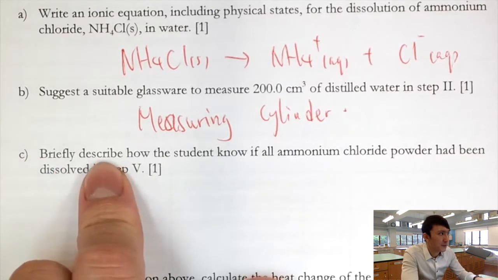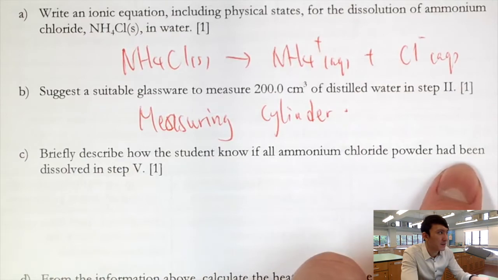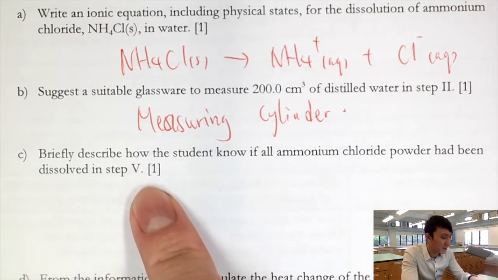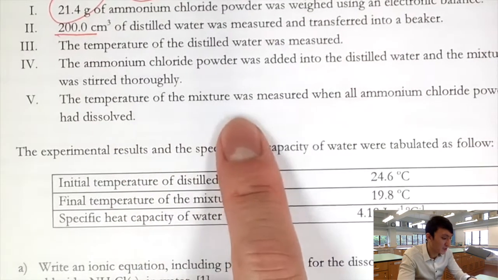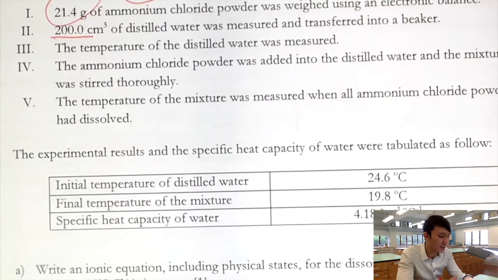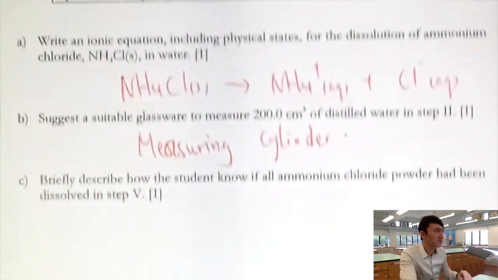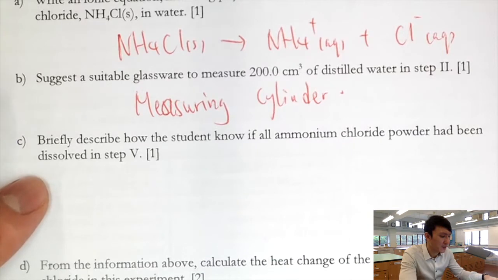C. Explain briefly how the student knows if all ammonium chloride powder had been dissolved in step 5. So step 5 here, the temperature of the mixture was measured when all ammonium chloride powder had dissolved. So how can he tell? Of course, you can tell by two methods. One is when you no longer see any white solid, okay?